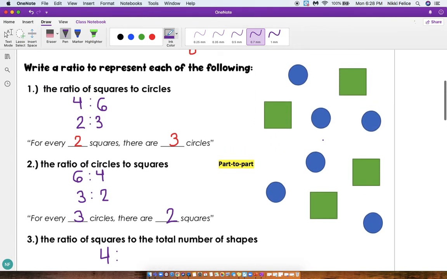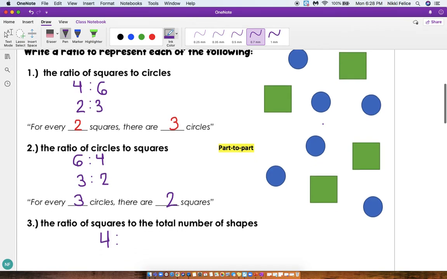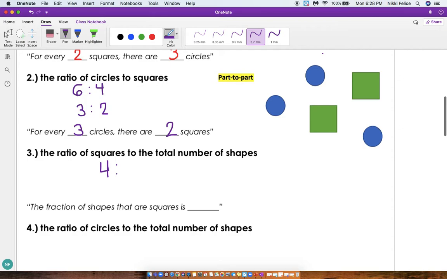Well, there's 6 circles plus the 4 squares. That's 10 shapes in total. So the ratio of squares to total number of shapes is 4 to 10. For every 4 squares, there are 10 total shapes. We can simplify this ratio to 2 to 5, which means for every 2 squares, there are 5 total shapes.